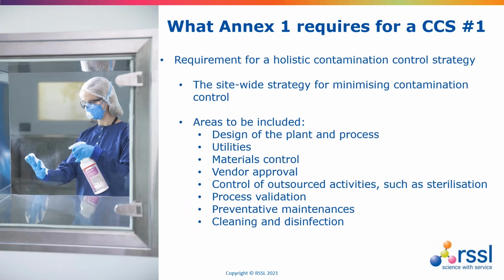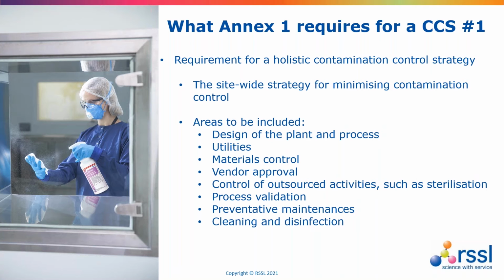So what is Annex 1 asking for? Well, Annex 1 is requiring a holistic contamination control strategy. So by that it means that everything is connected together, particularly where contamination can be transferred.